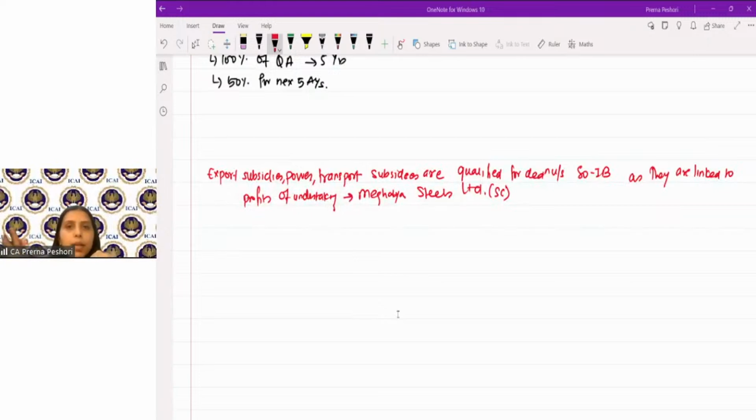Now, 80IB provides for allowing deduction in respect of profits and gains derived from the eligible business. The incentives given under the duty drawback scheme belong to the category of ancillary profits of the undertaking.